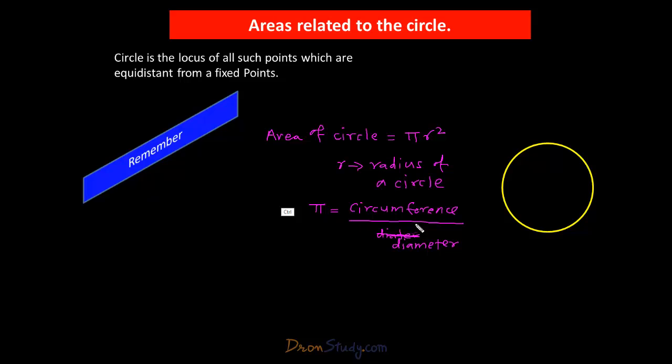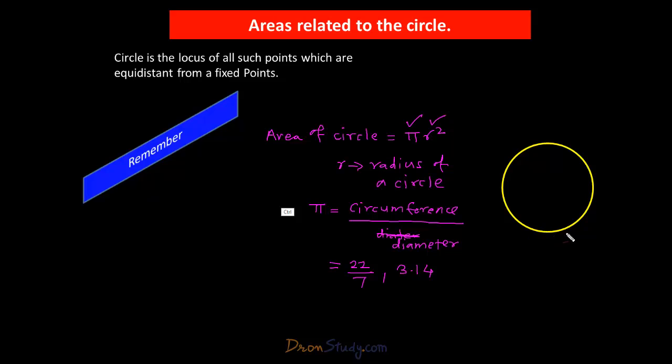So pi is a ratio of circumference to the diameter, and this ratio is always constant, and we take this ratio as 22/7 or 3.14. So the area of the circle is pi r square, where pi is a constant term, that is 22/7 or 3.14, and r is the radius of the circle.